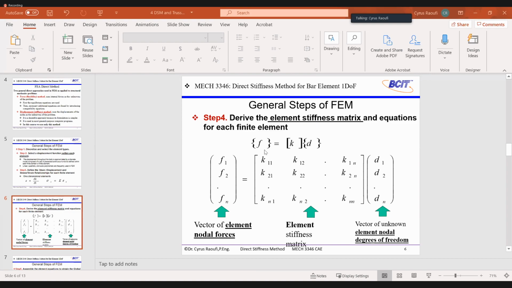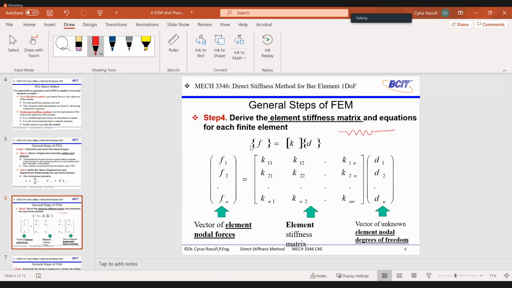If you remember from physics in high school, if there is a spring, you are going to apply a force. I'm going to apply force F from both sides, and say there is a displacement.